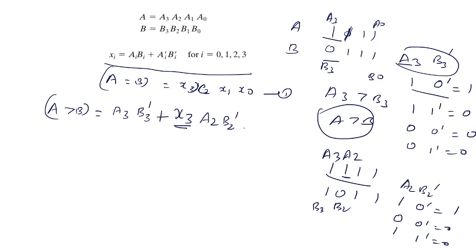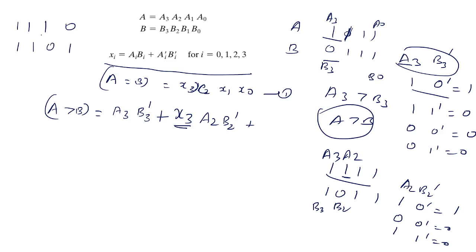So I hope you can understand this. Next, A3 is equal to B3, A2 equal to B2. What happened to that condition? A3 equal to B3, A2 equal to B2, it can be 1 or 0, it doesn't matter. Here I am considering 1, you can consider 0 also.